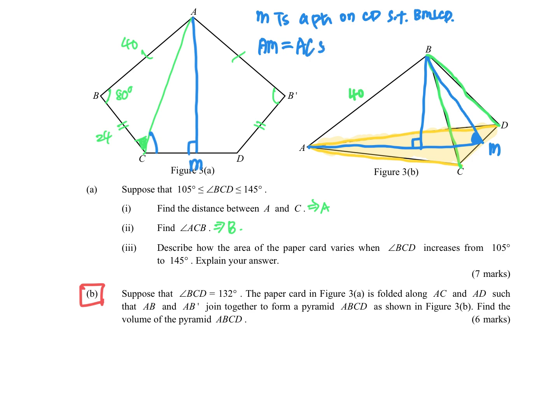So AM is AC times sine of 132 minus angle ACB. We can make use of the answers in A1 and A2 all together. So that will be 39.0 cm.